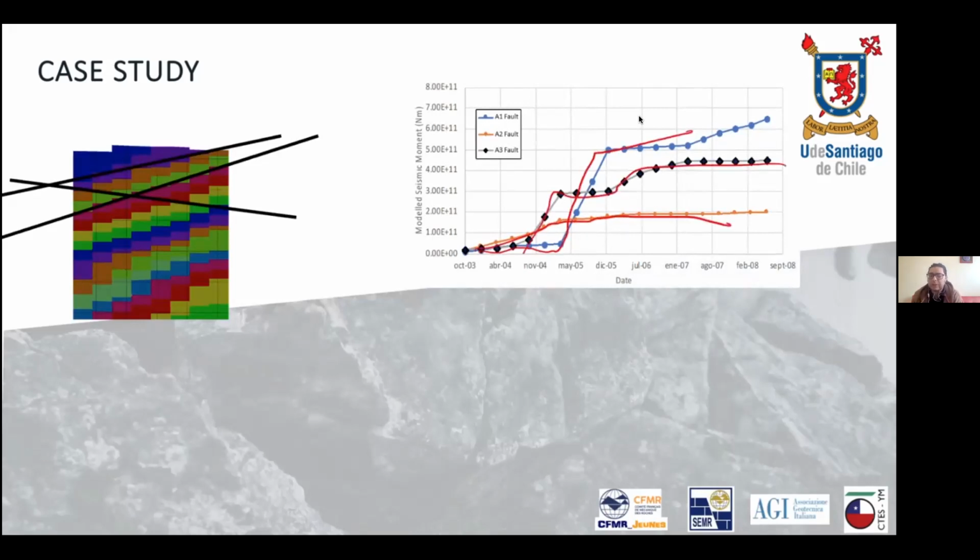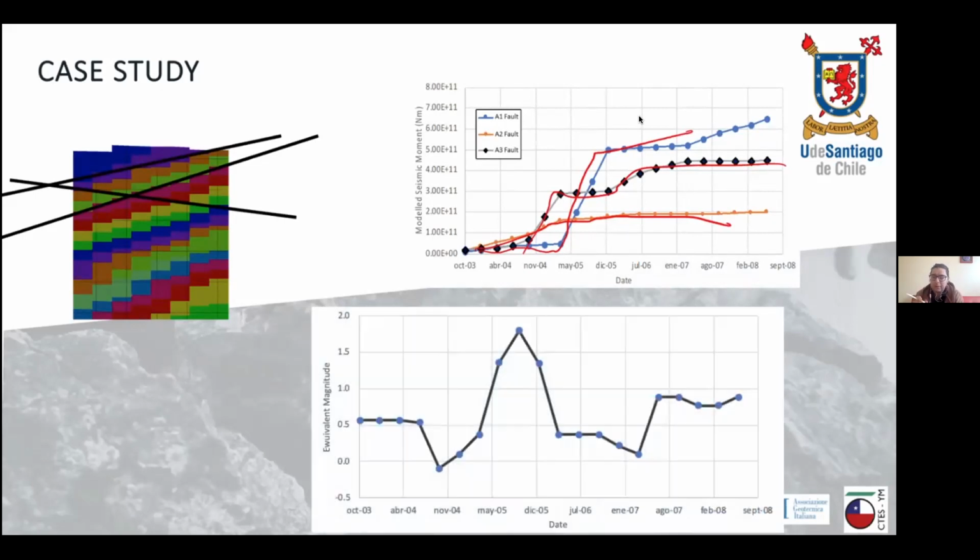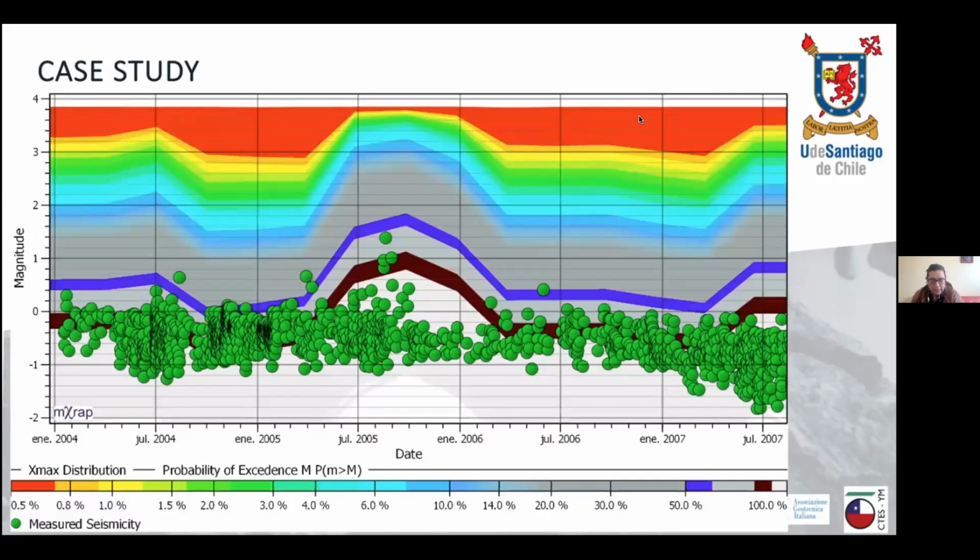This is the cumulative seismic moment, but in this case I will use just the absolute, make the subtraction to get the seismic moment, and then get the equivalent magnitude for each period, for each excavation step. Based on that, again, I did all the calculations I showed before, and I get this color scale. And I have superimposed there the real seismic data for that same time window.